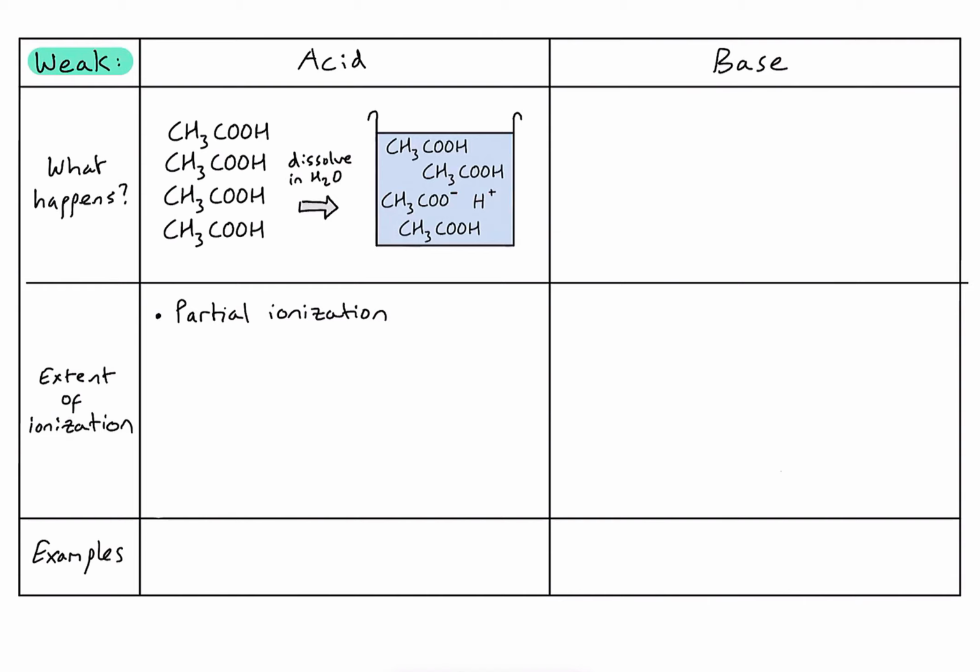So when I'm trying to represent this process in a chemical equation, we're going to need to use an equilibrium arrow to show that actually the forward and reverse reactions are both occurring. And how do we know that?